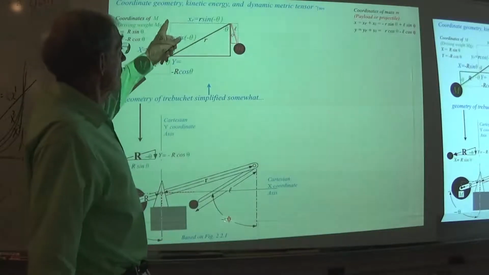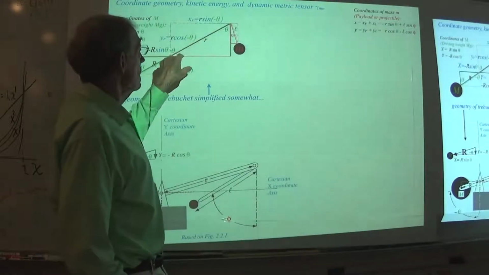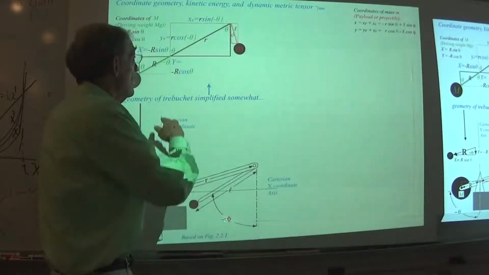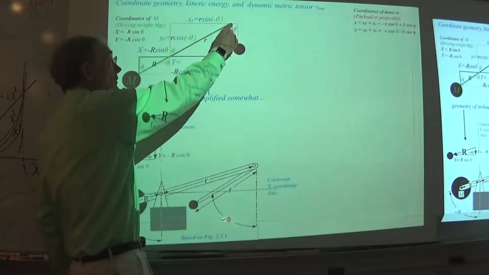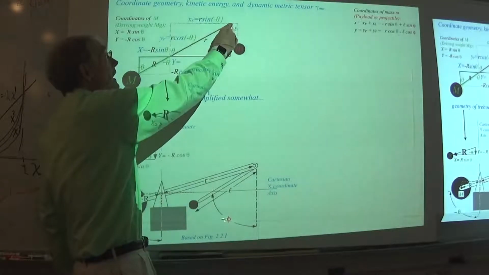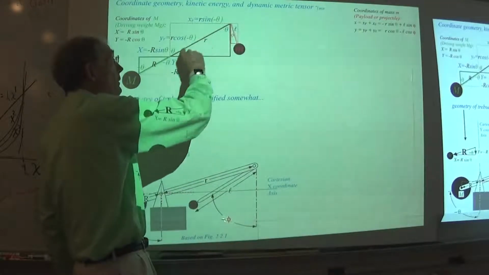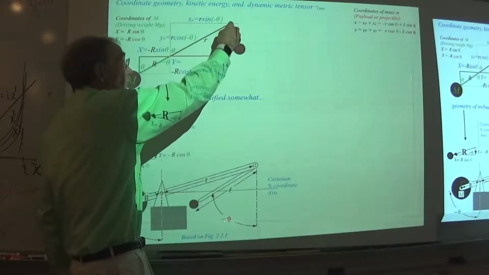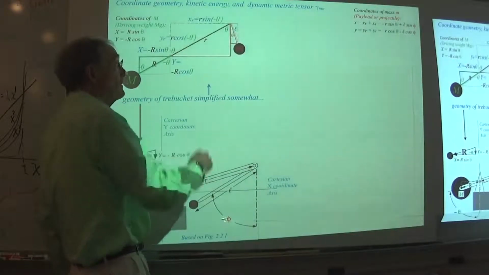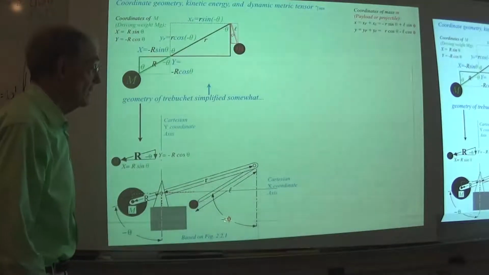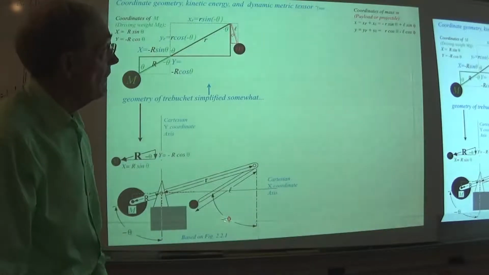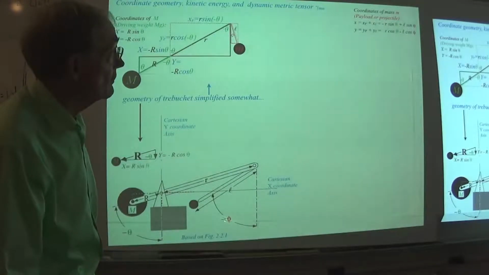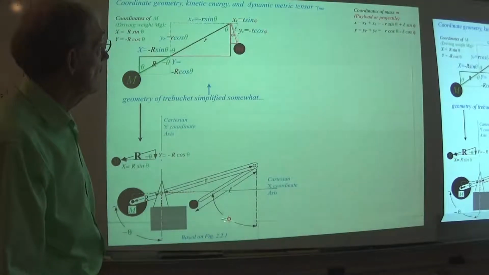Now we've got to work out the Cartesian coordinates for the little mass. We have to add to the Cartesian coordinates of the big radius another set of coordinates for the phi. So that involves the sums of sines and cosines that are up in the corner there. There's the actual projectile shown.